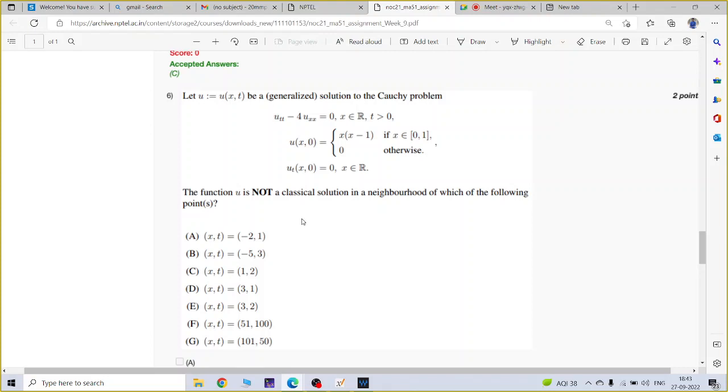And ut(x,0) is 0, that means the velocity is 0. The function u is not a classical solution in the neighborhood of which of the following points? Not a classical solution means it has some singularity.